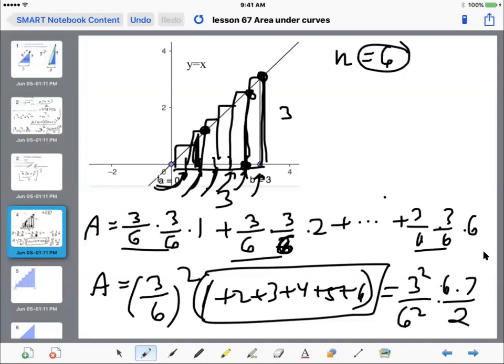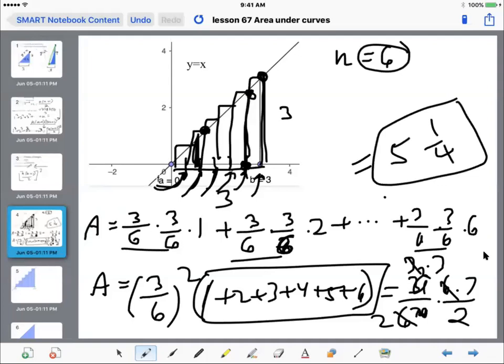And if I cancel out this 6 with one of these 6's, and I'll write this as 3 times 3 and cancel this 3 out with this one, I end up with 21 over 4, which is 5¼. Now 5¼ is not the area of the triangle. It's bigger. So this is just an approximation.